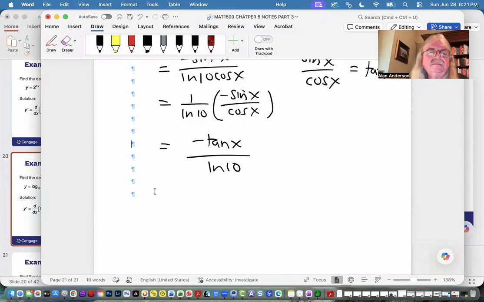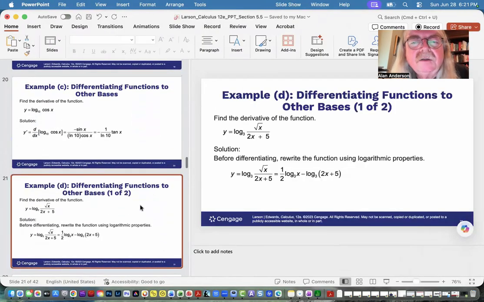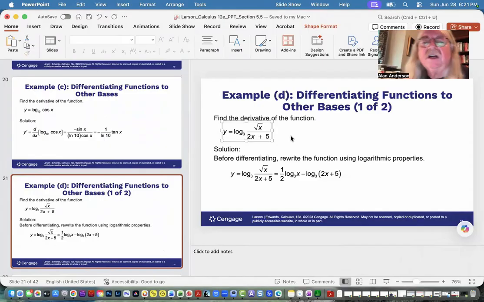So what else? Oh my God, what do we do here? Now, here, what they're recommending you do is don't just go ahead and start taking derivatives. Don't use the product rule unless it's necessary. Sorry, in this case, the quotient rule. Instead, try to take advantage of the properties of these logs.